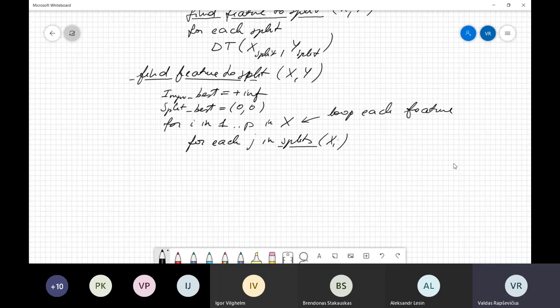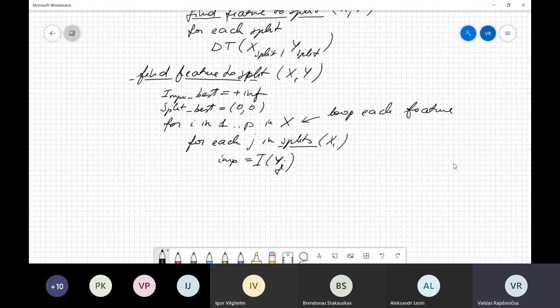I'm just underlining. For each split, what we do, we calculate the impurity. Impurity equals some kind of a function I with wj, with yj. Basically, from the split classes, we determine how impure it is.